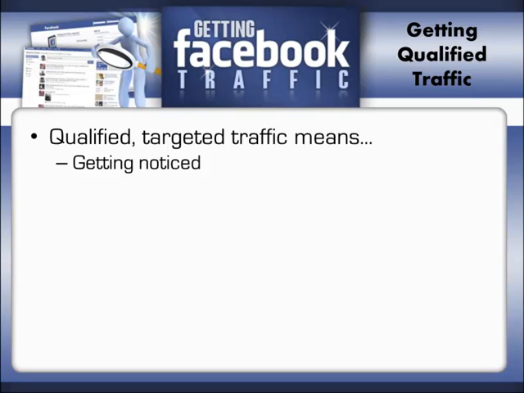Google tries to do this with keywords. Facebook does it with personal information that they have collected. So, getting your ad noticed, well, maybe they don't necessarily click on your ad, but just the fact that this is something that is probably going to be of interest to them will more than likely mean that they're going to at least read it.